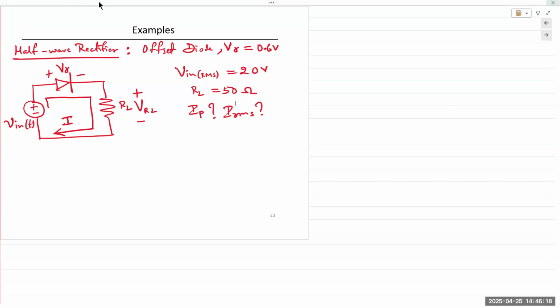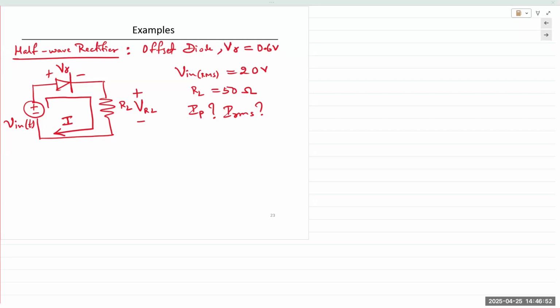So it asks you to solve with the offset diode, but I'm going to solve it first using an ideal diode model. We'll add in the offset diode later on. So it's asking us for the peak value and the RMS value. We can do this directly because the voltage is given in RMS, or we can convert the RMS value of the voltage into the peak value and then perform the calculation.